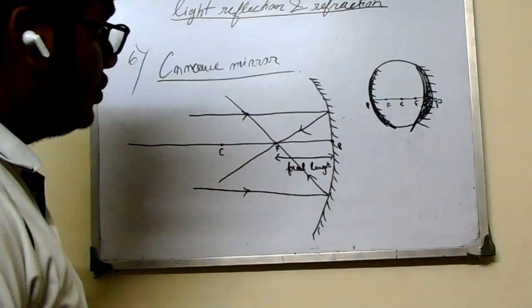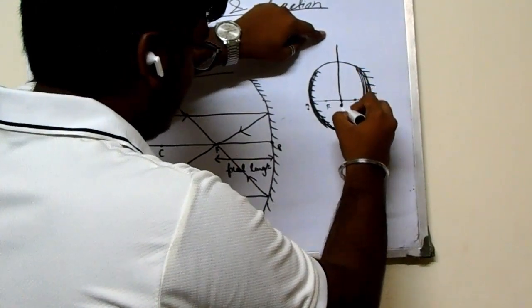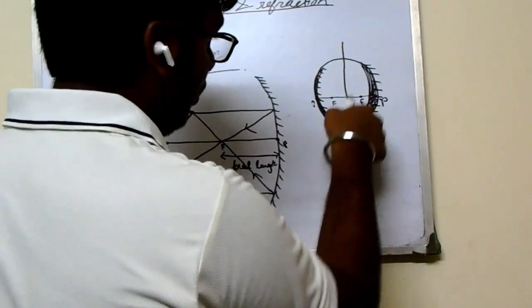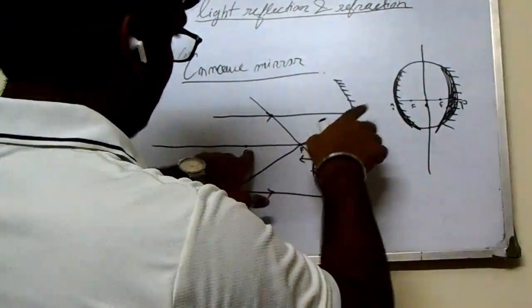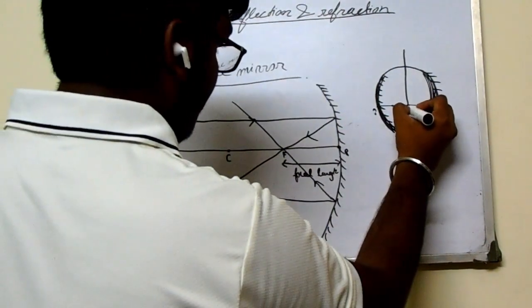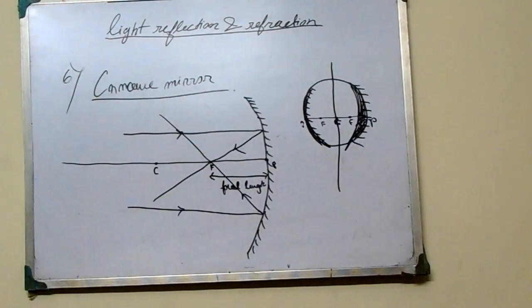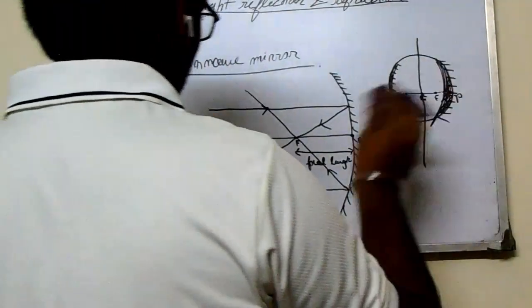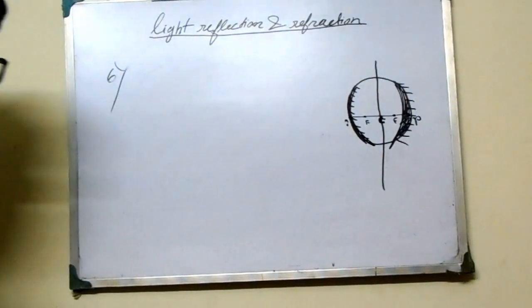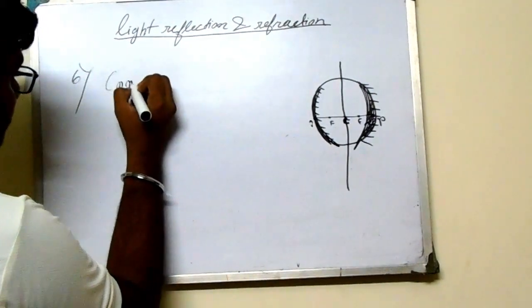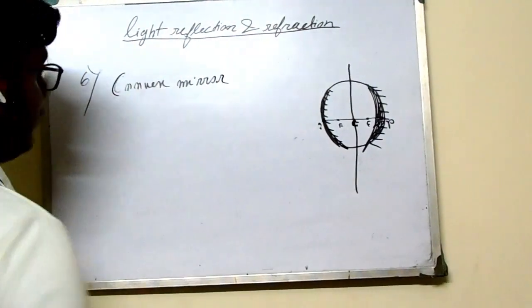So as we have seen, let's divide this into two parts. Concave mirror: P, F, C. And now convex mirror.